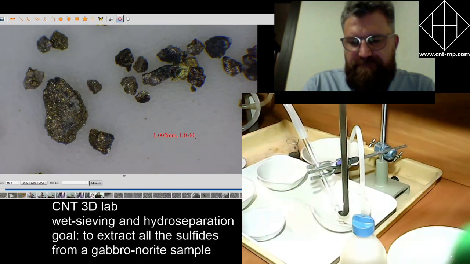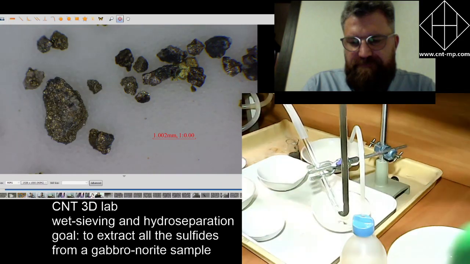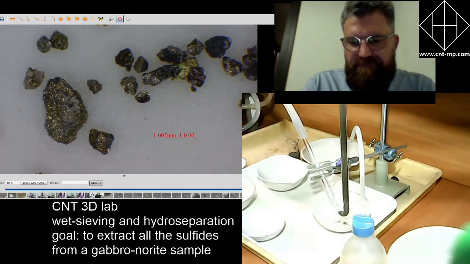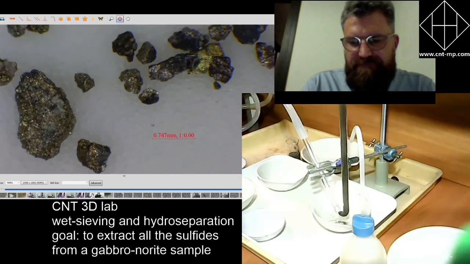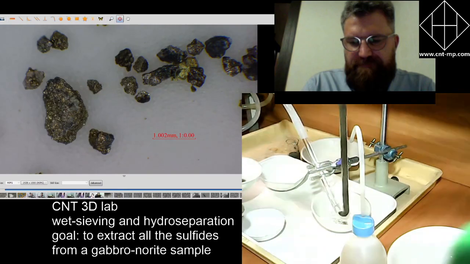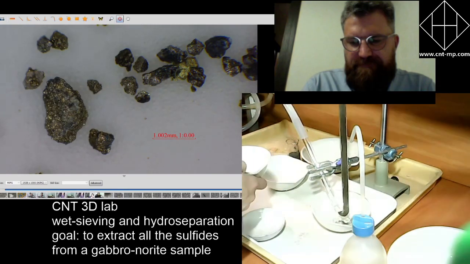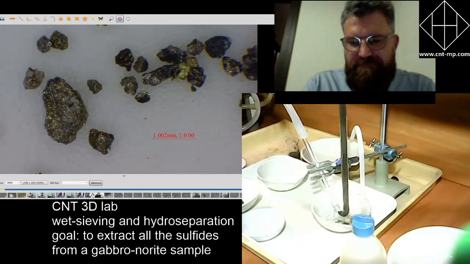Pyrite, pyrrhotite, and pentlandite. So two to three different sulfide minerals in the same preliminary concentrate. It's not bad. Supposedly there is no other method to recover grains of these sulfides from this gabbro-norite. We've done pretty well.